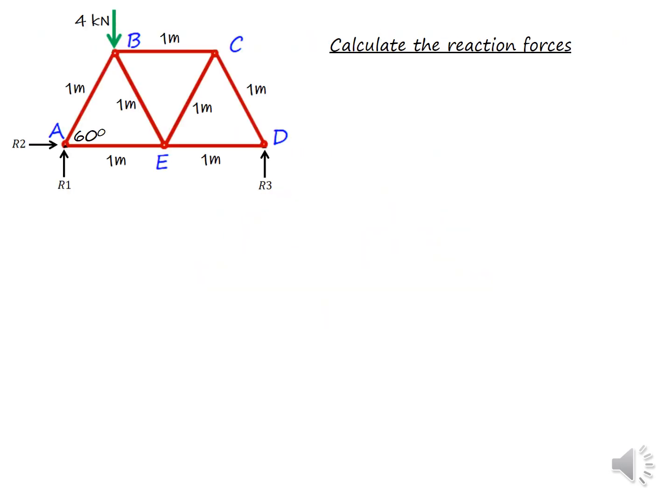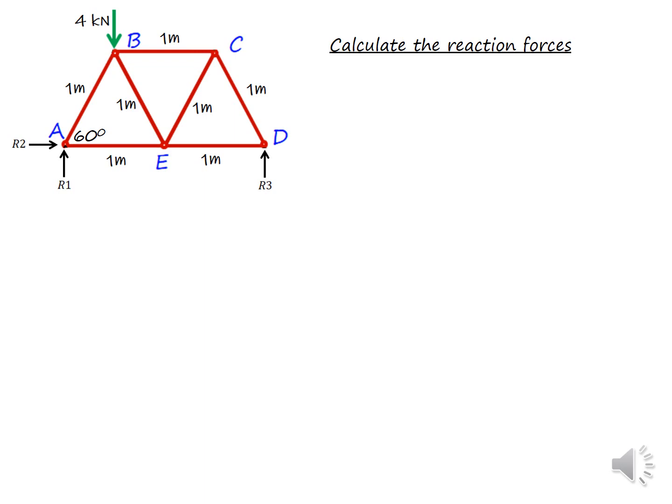Okay, what is the first step that we should do? As per the procedure, step 1 is to calculate the reaction forces. Now, how can we calculate the reaction forces? We should consider the overall stability of the structure. I marked the reaction forces as R1, R2 and R3.